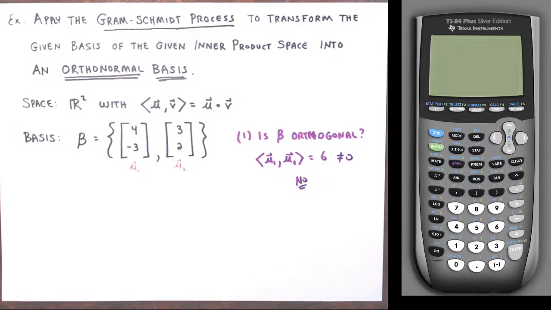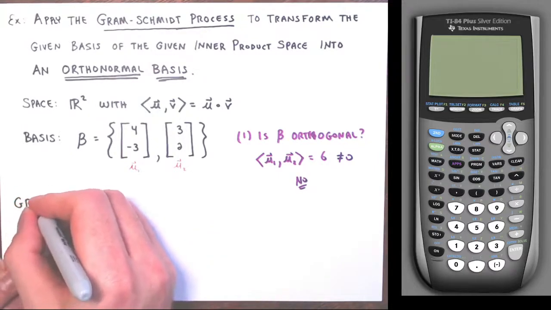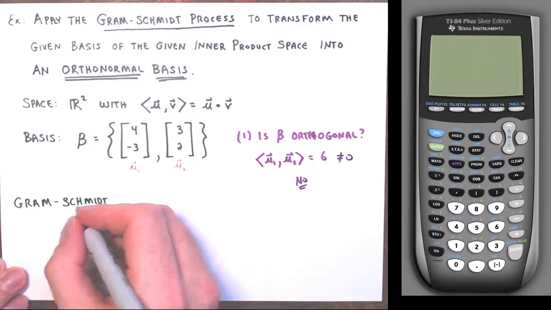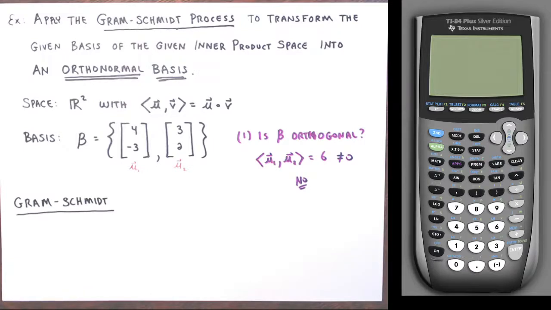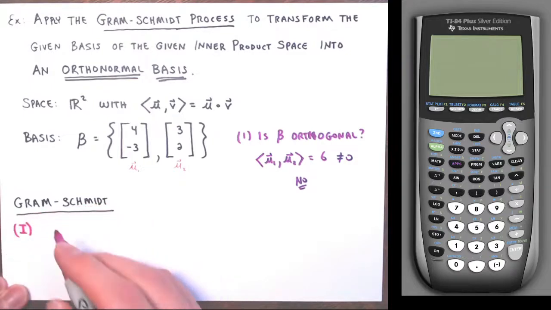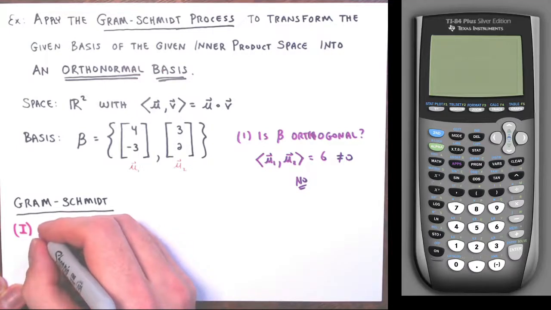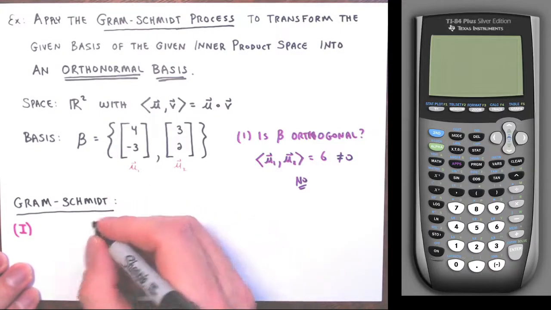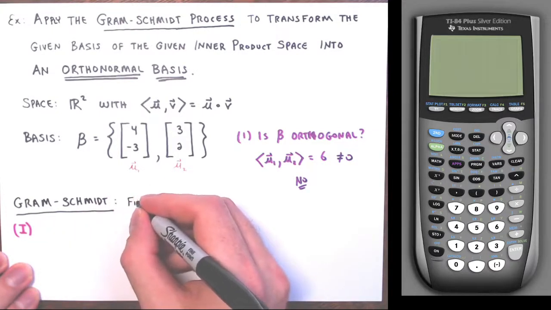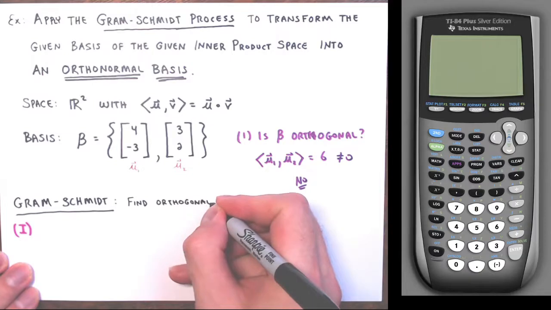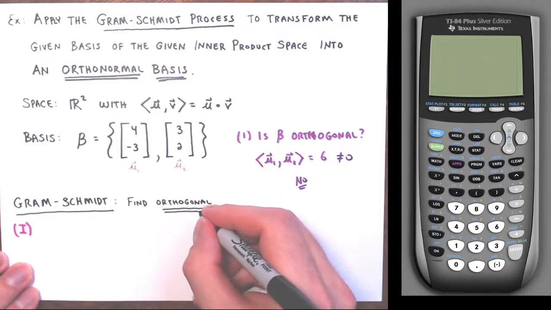All right, so here it is. I'm going to write this out so that now we start the Gram-Schmidt process. Like I was saying, the first step, first I'm going to find an orthogonal basis to R2, not orthonormal yet.